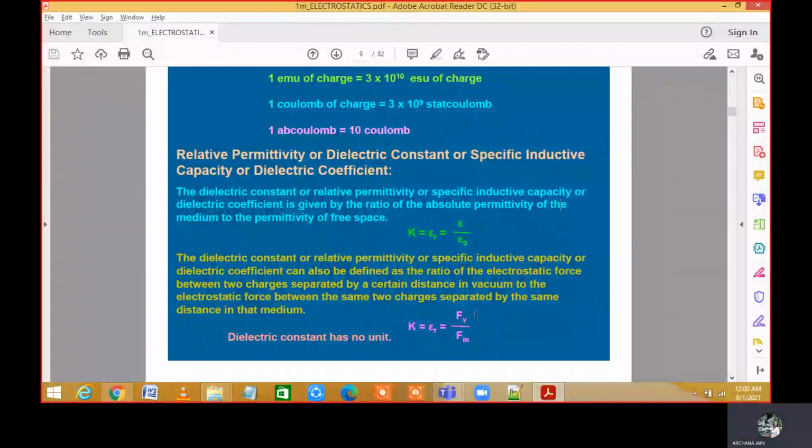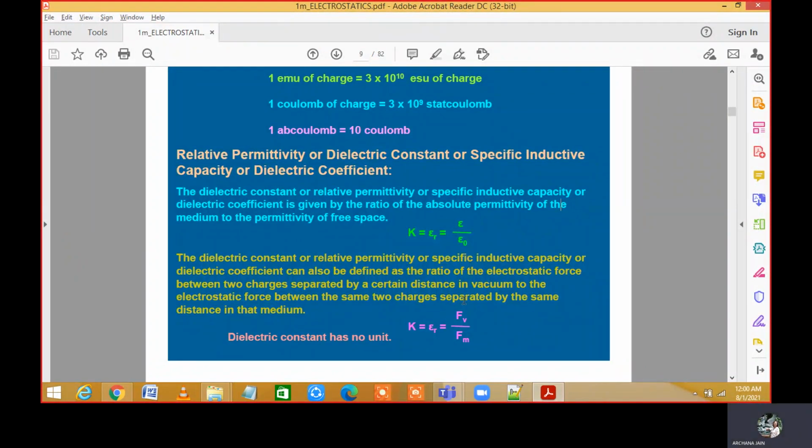Here vacuum is in numerator because F vacuum, or F, is inversely proportional to epsilon naught. Here epsilon naught is in denominator, that's why F is in numerator, because it is 1 upon 4 pi epsilon naught Q1 Q2 over R square. Everything will be cancelled out except epsilon and epsilon naught.